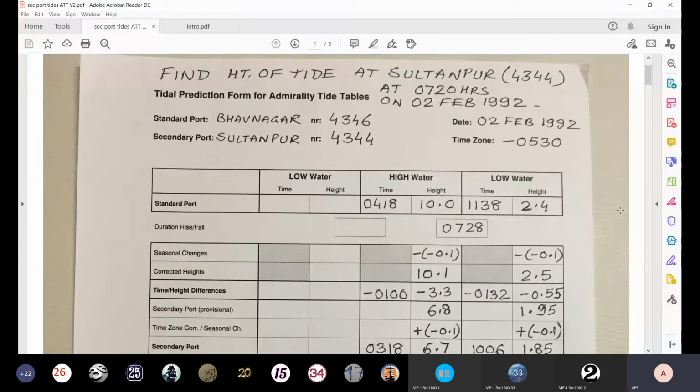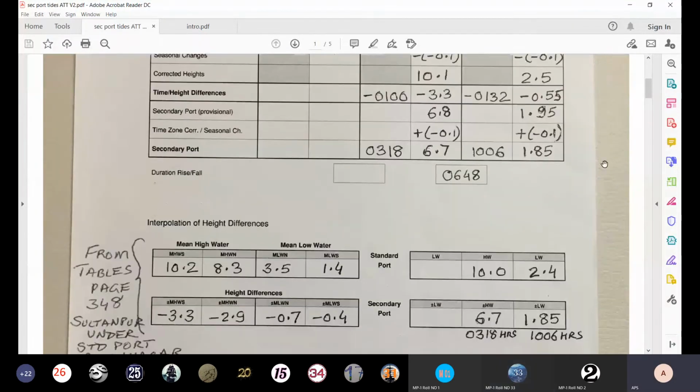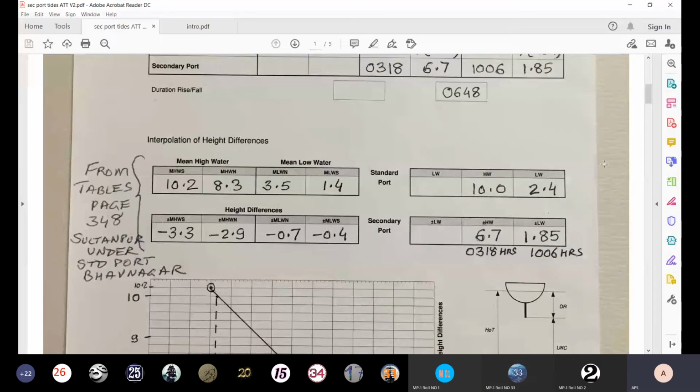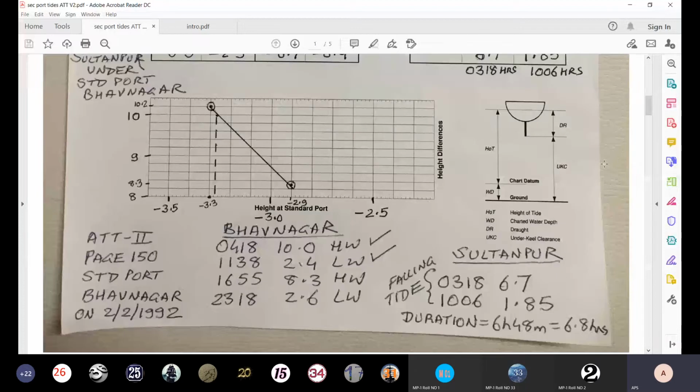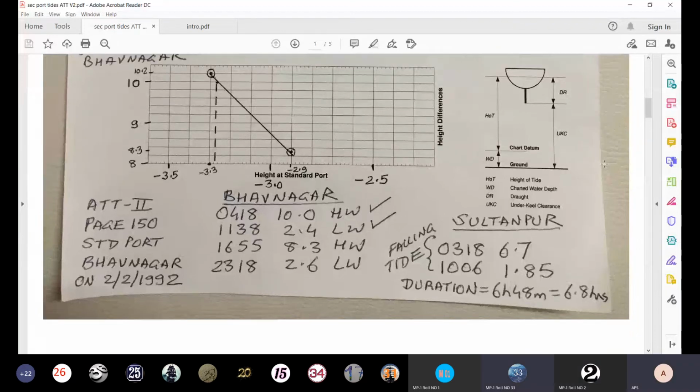Just let me know when you want me to scroll downward. Yes, sir. You can scroll downward. Okay. Then did you get this information? Sir, one page up, please.